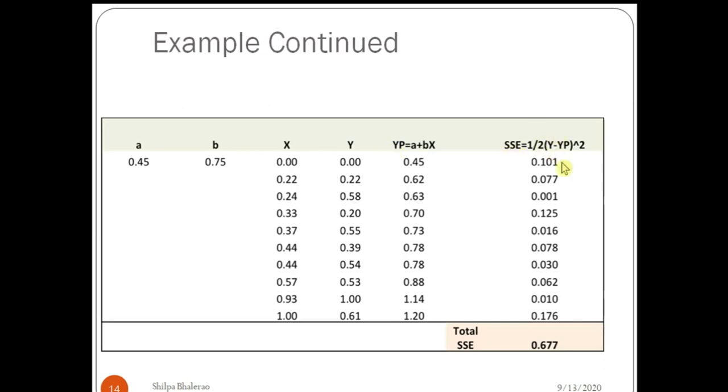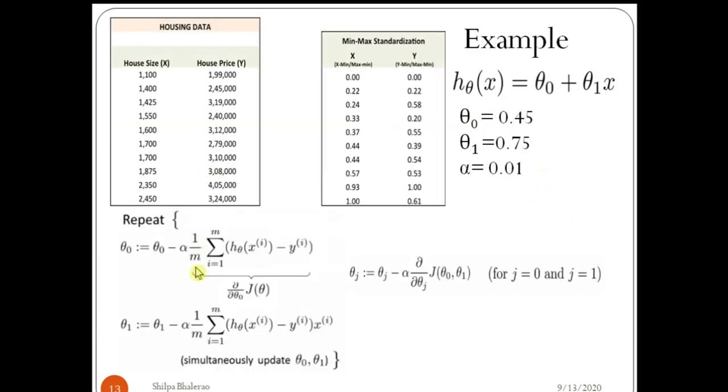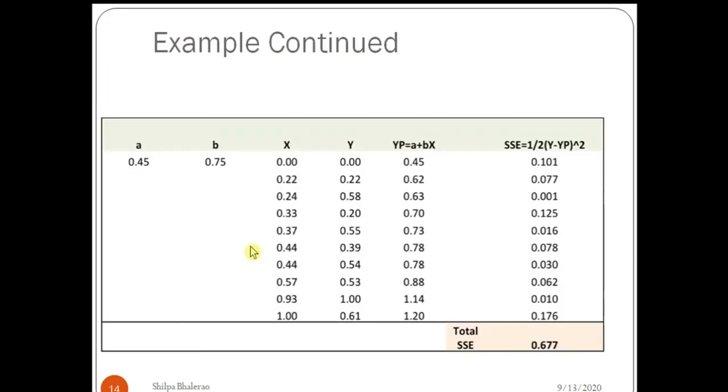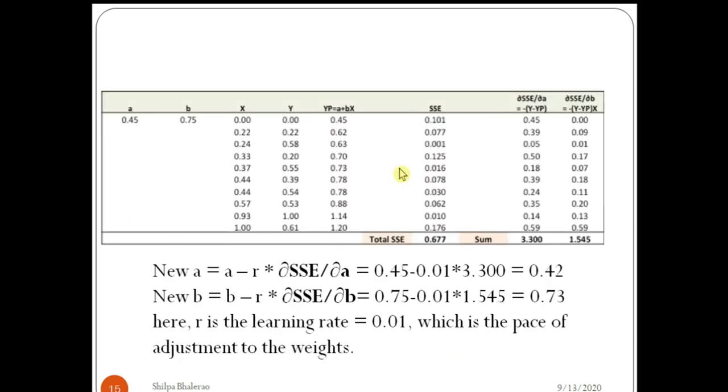Now based on this predicted value, we calculate the squared error for each value of y. Okay, this is the formula where we have to sum. We have calculated the error for each value of actual y and predicted y. Then we calculate the average.